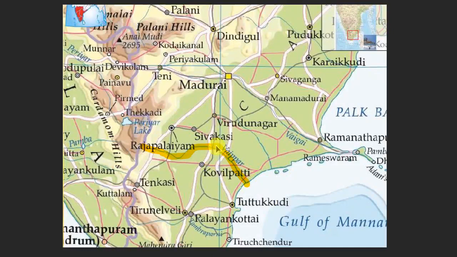An important town that we can highlight is that the Vaippar river flows just south of Sivakasi, the place also known as the cracker factory of India.